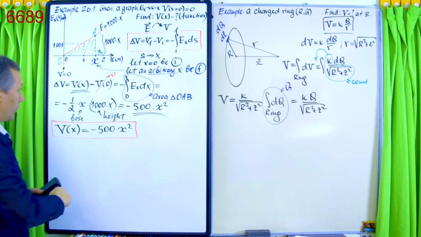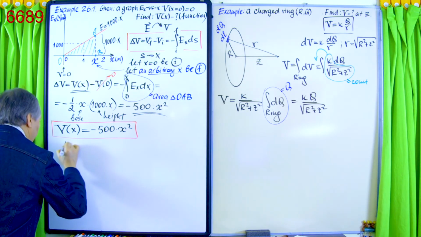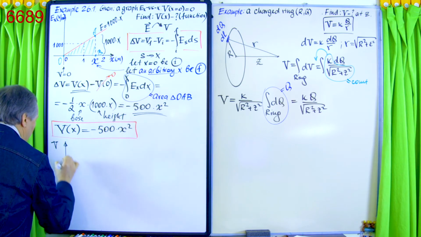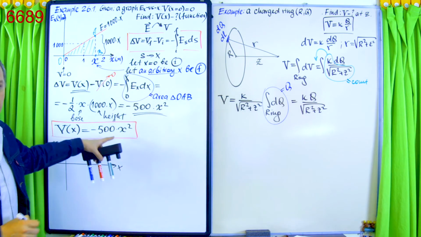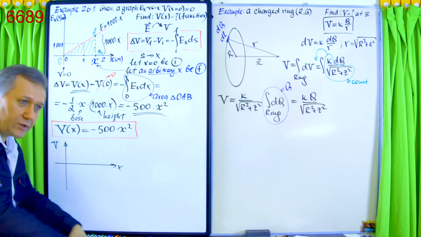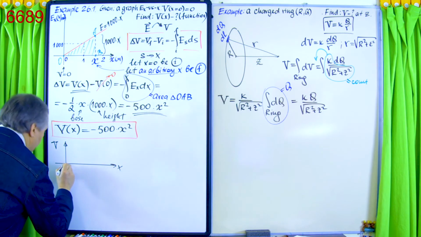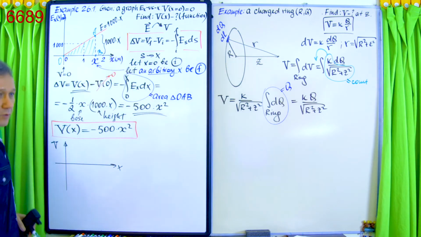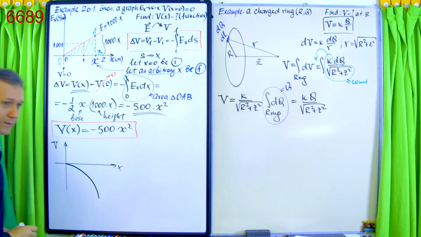We can actually plot it probably, right? So if you plot V versus x, it's a parabola, right? It's a parabola with the branches down because of the minus. Since we know we have information on the positive x side, let me draw this parabola like this.